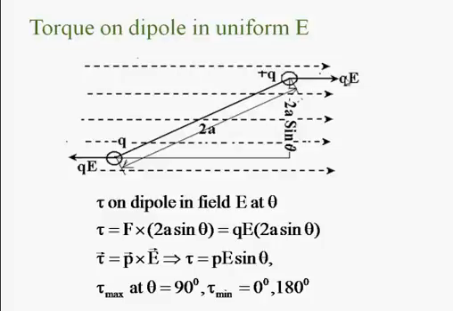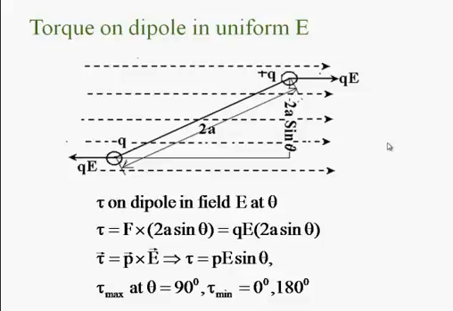The force is QE. Force into perpendicular distance would be the torque. 2a is the distance and 2a sin theta becomes the perpendicular distance. So the electrical torque on the dipole will be force into 2a sin theta. Force is QE, and we multiply by 2a sin theta.